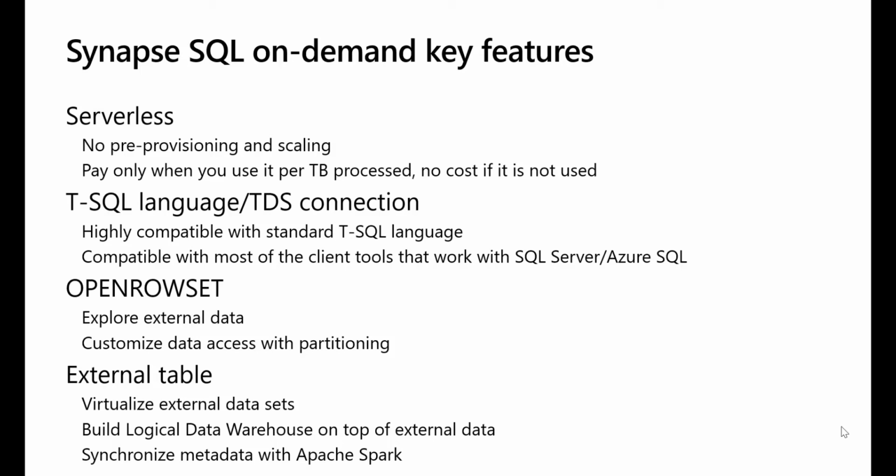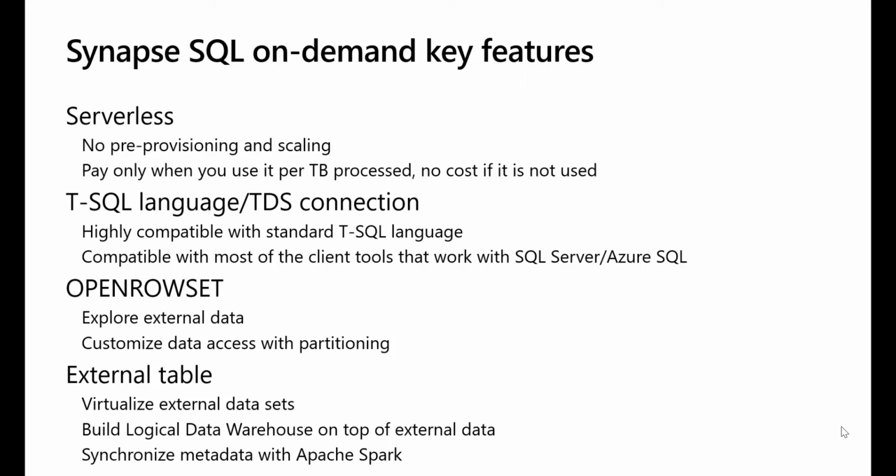Second feature is external table. External table is a table that is created on top of external files. It enables you to virtualize external data sets and build logical data warehouse on top of your external data. Another important feature of external table is that external tables are synchronized with Apache Spark.